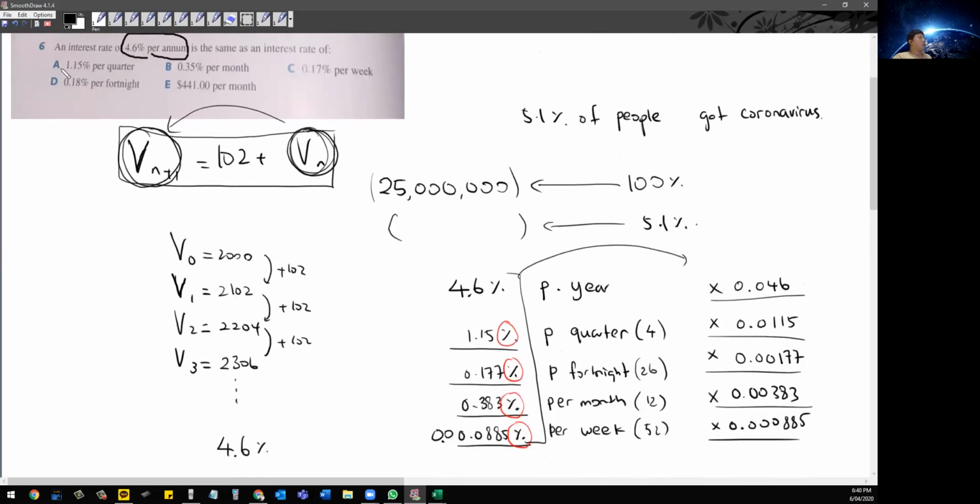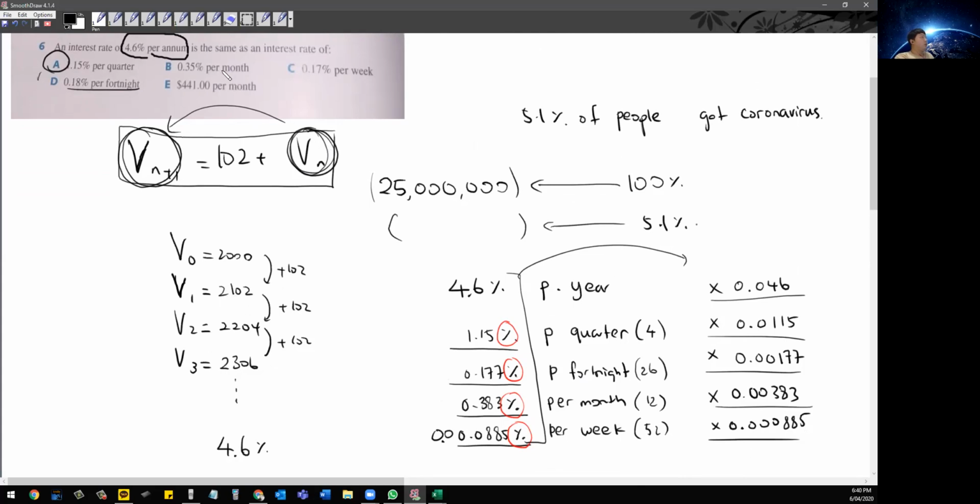Now, going back to this question, which one is right? Per quarter, 1.15. I think that's correct. Per fortnight, is that right? Per fortnight is 0.177. Well, not quite. If you round it up, it's actually 0.18, right? So I think that's also sort of right, but not quite.